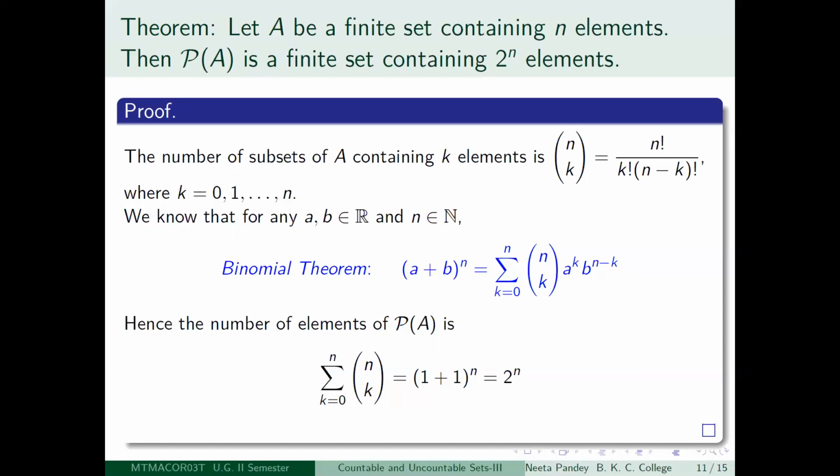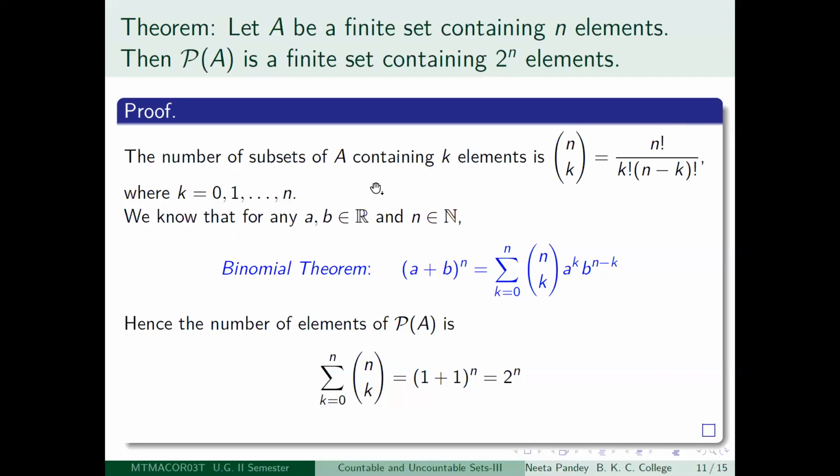Now, for those who don't remember what n factorial is, n factorial is just 1 into 2 into 3 and so on up to n. So just multiply all the numbers from 1 to n. That is the expression for n factorial. Okay, so you know this.